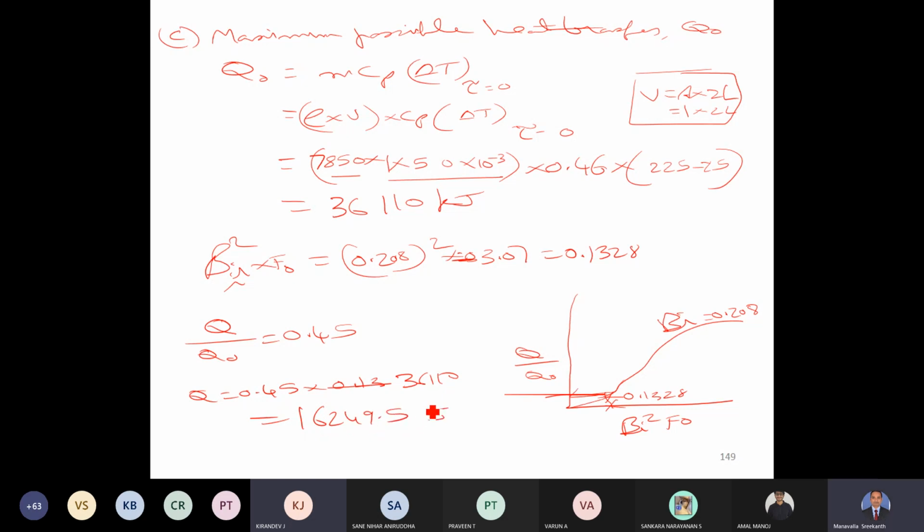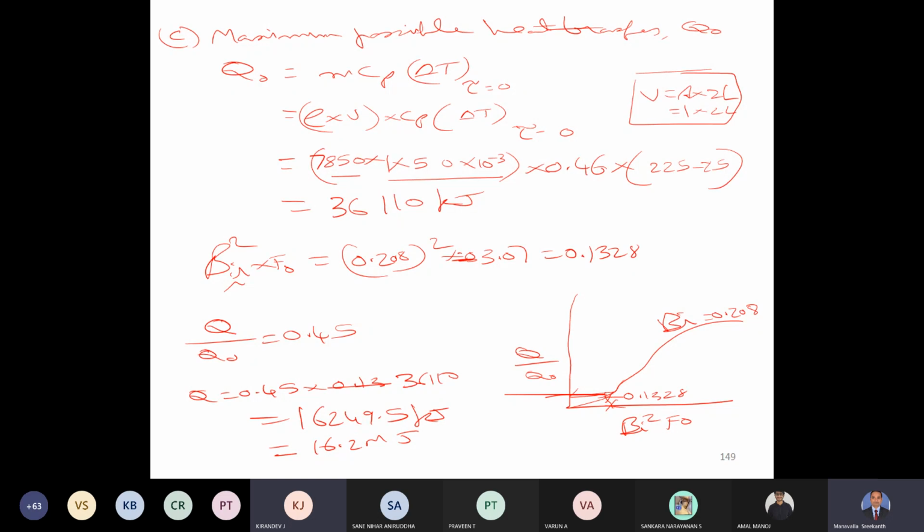Is it joules or kilojoules? Kilojoules, because our CP was in kilojoules. 16,240 kilojoules, or simply 16.2 megajoules. Write it like this.